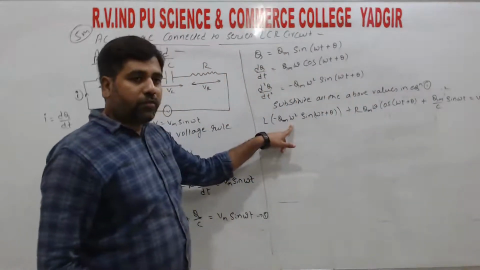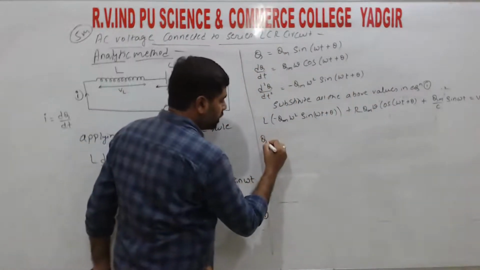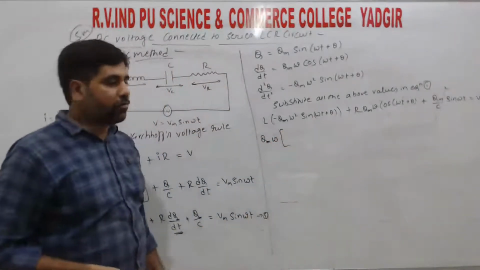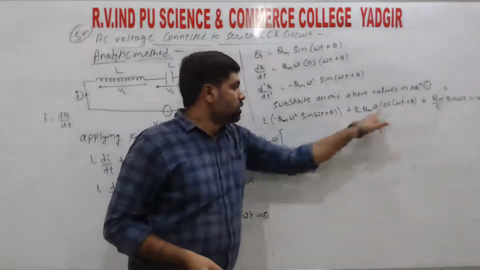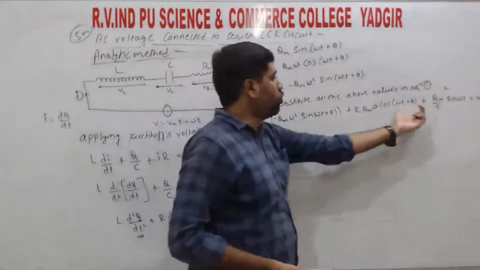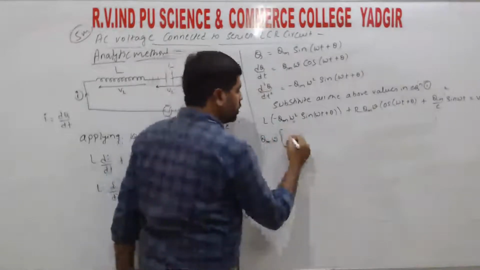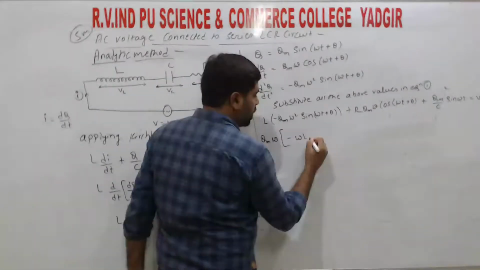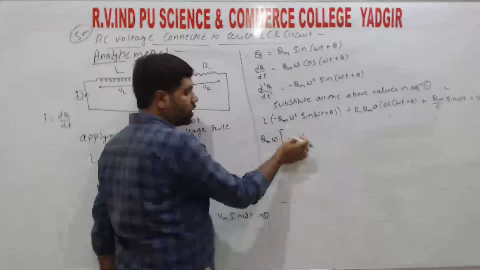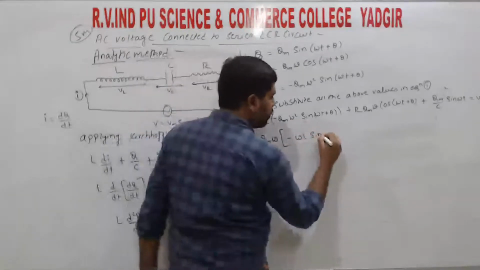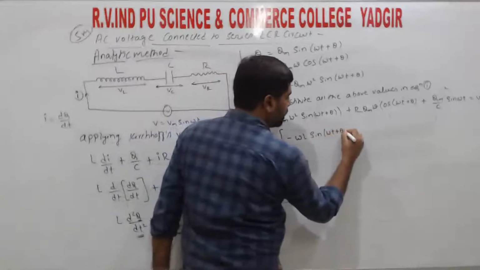In this equation we can take common qm, where omega is the angular frequency. In all three parts we can take qm as common, so that is minus qm omega. If we take it in common, one omega is left into L sin of omega t plus theta.